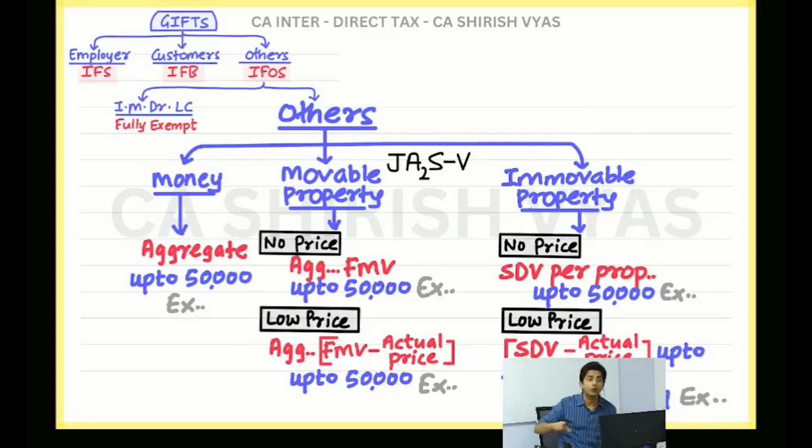Then V stands for virtual digital asset. Cryptocurrency, bitcoins, they are called virtual digital asset. Virtual means they are not real. Like see, this mobile is a real thing. But virtual means it is generated through computer coding. Digital assets, which are called cryptocurrency, bitcoins. So only these items if you receive as gift, you will be taxed.